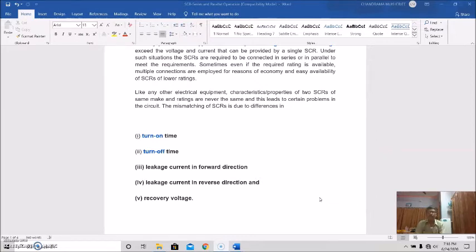These are the basic areas due to which mismatches happen.